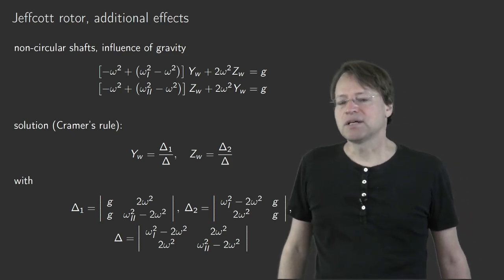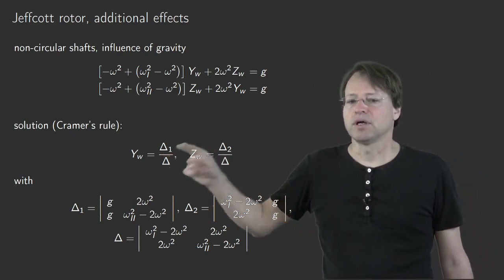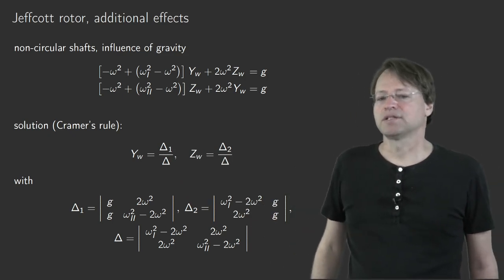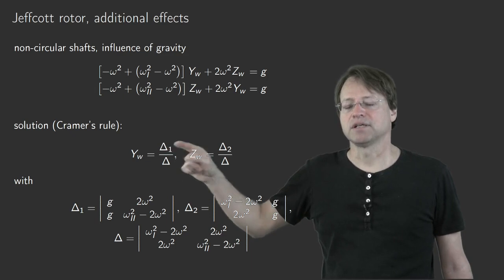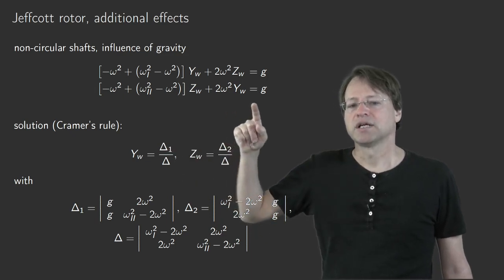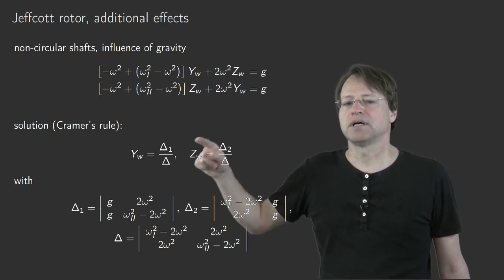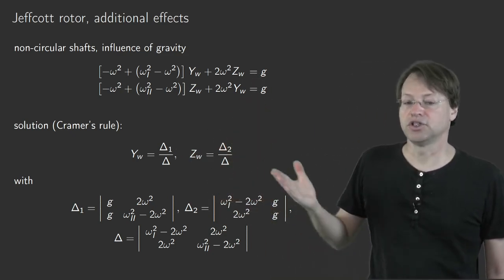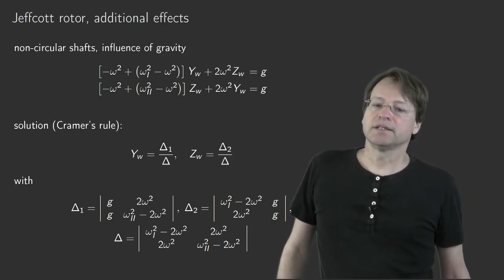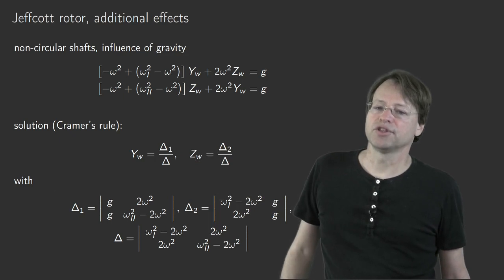So let me summarize that procedure. Cramer's rule states if you want to compute capital Y sub W, you take the determinant by replacing the first column of the coefficient matrix by the vector of the right hand side, which is just G and G, and then you divide by the determinant of the coefficient matrix.